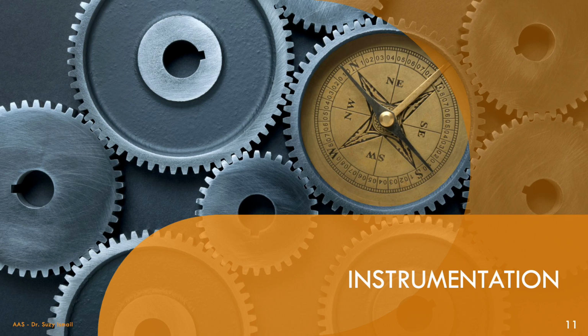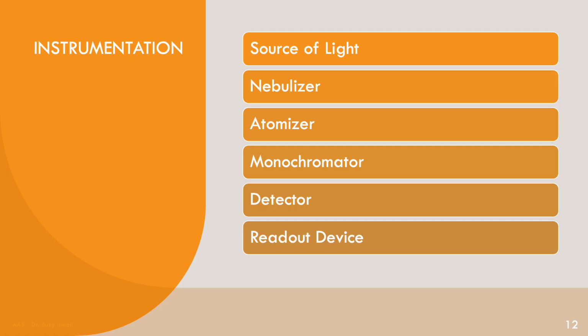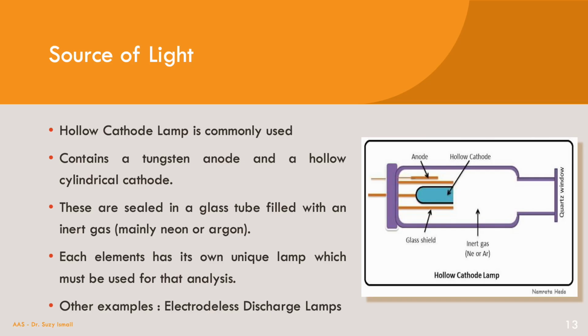Next, let us see the instrumentation. I will not be highlighting all of it. You may study it by yourself later, but I will highlight some of it, right? The instrumentation involved in our AAS is basically the source of light, where different types of light are used in AAS, the nebulizer, atomizer, monochromator, detector, and readout device.